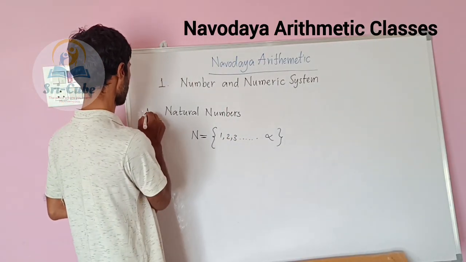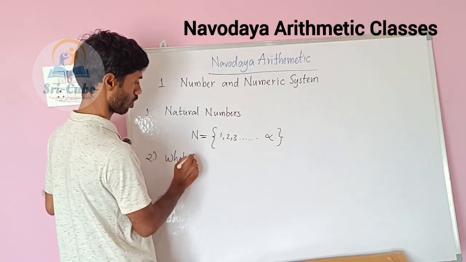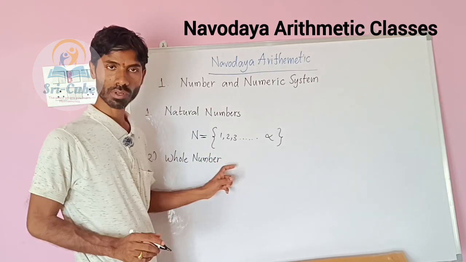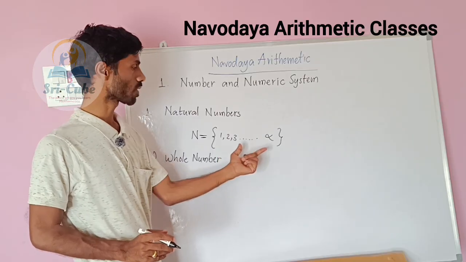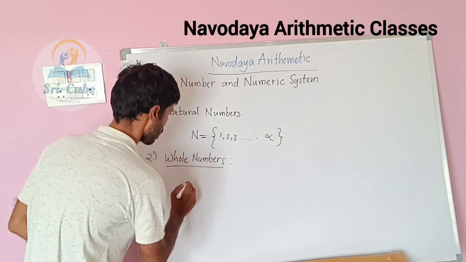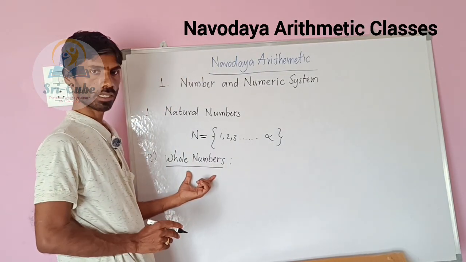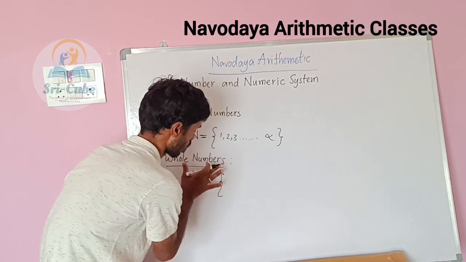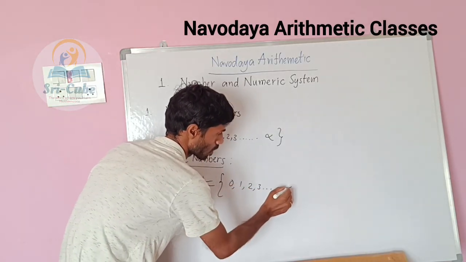So second, whole numbers. Whole numbers start from 0. It just includes 0 with natural numbers. This whole number set is denoted by W. It starts from 0, 1, 2, 3 and goes up to infinity.